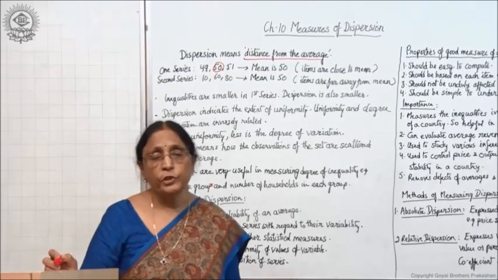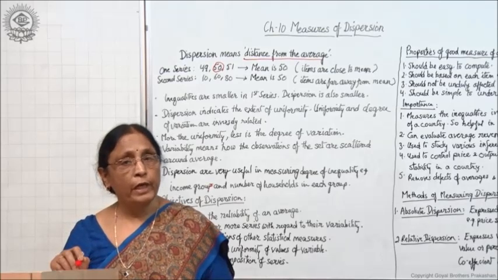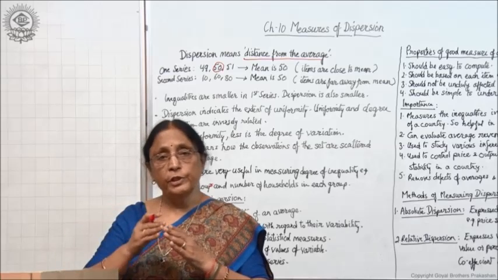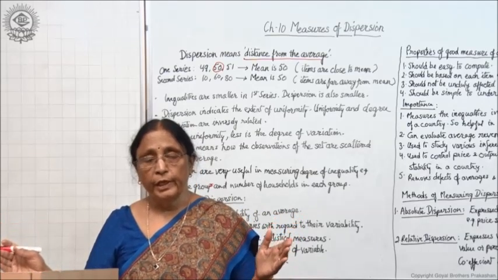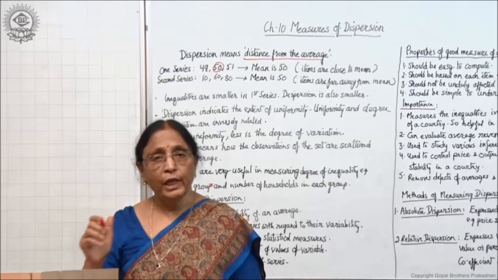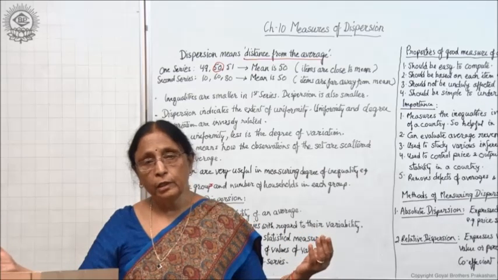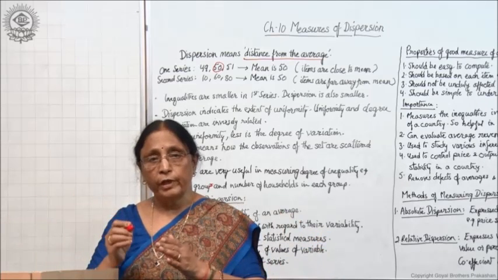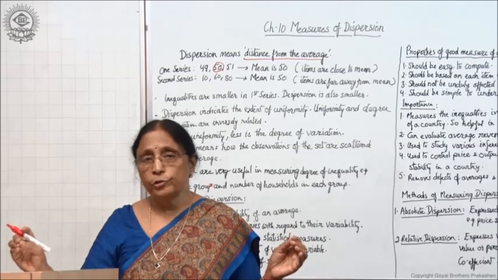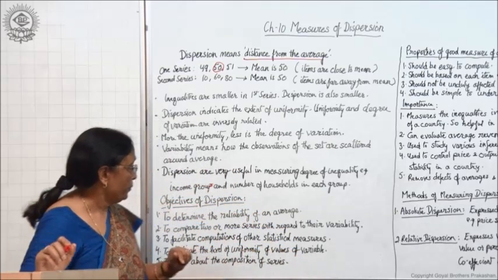When you study dispersion, that gives you an idea whether the average you have calculated is reliable or accurate or not, because dispersion is the scatteredness of the data and average is the central value or the mean. So with the help of dispersion, you have an idea of what the range of your data is and what the central value is, and whether the central value is correct according to the range or not, that we can know with the help of dispersion.